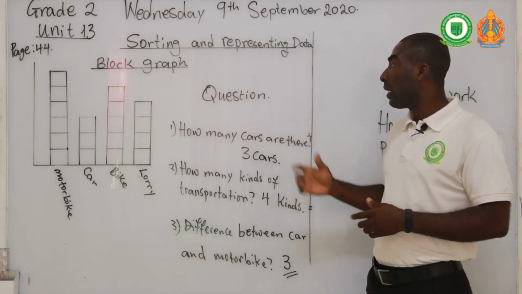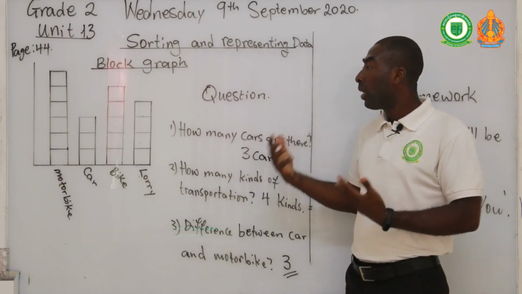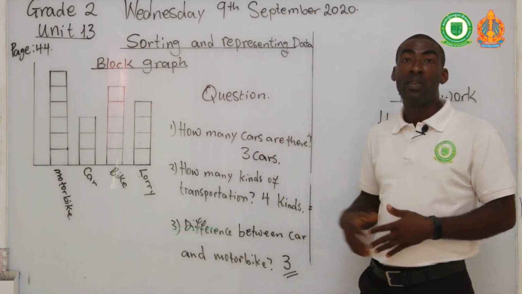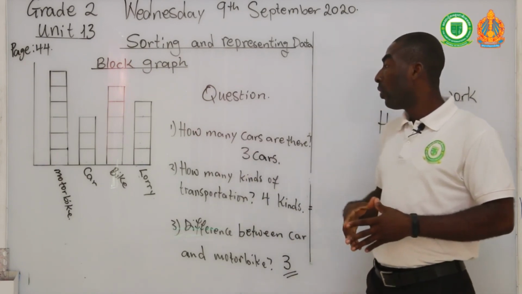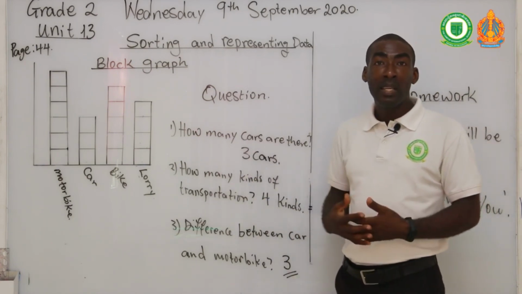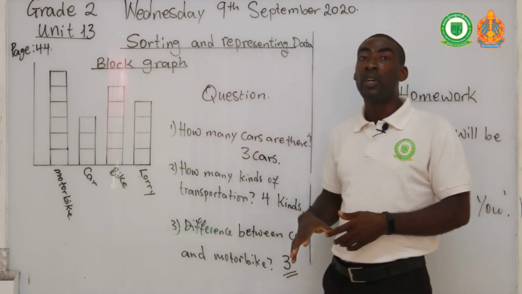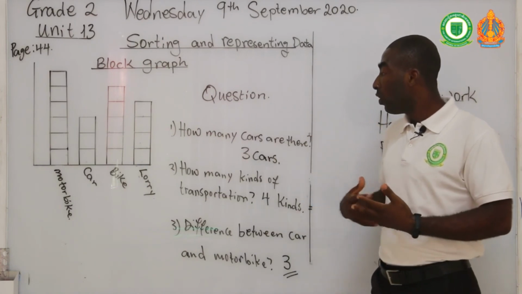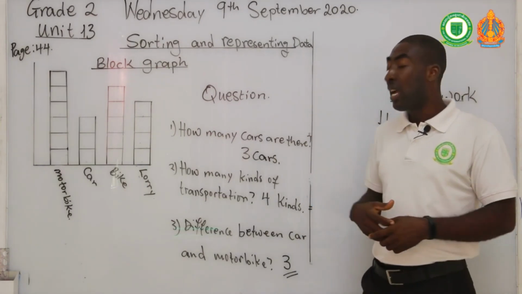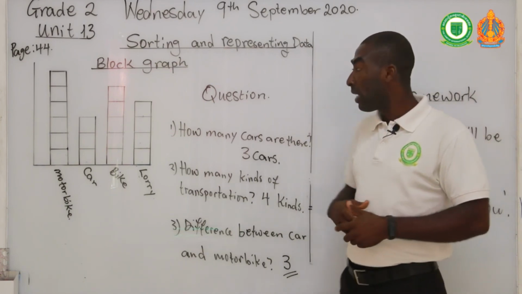We also looked at how we can find questions from our graph and find the way to answer them using our block graph. You have also developed the skills of creating your own questions when you have a block graph, so that you can always know how to create your own block graph as well. I would say you have done very well on that.